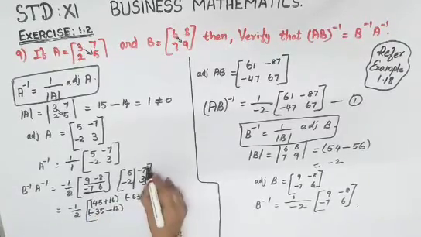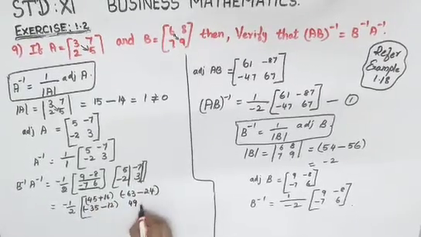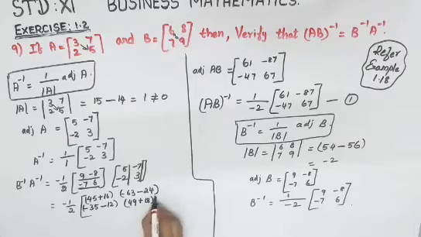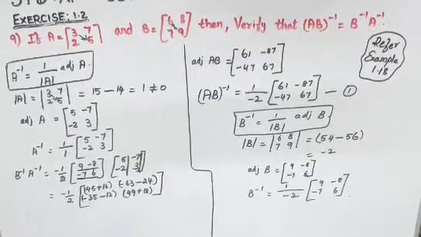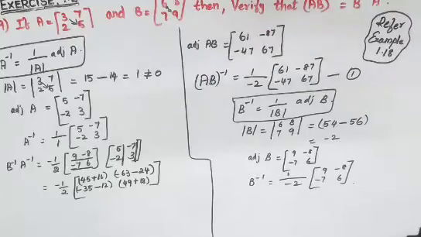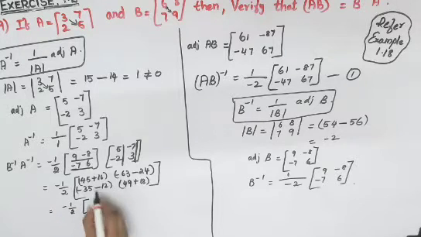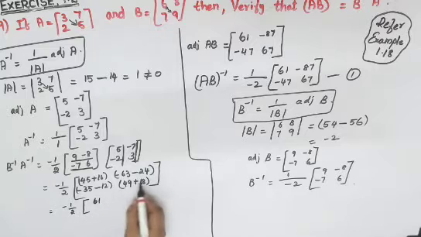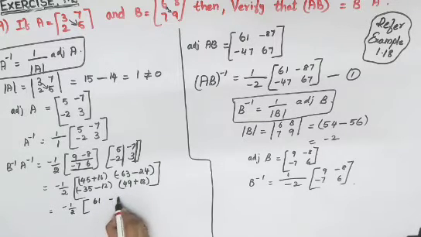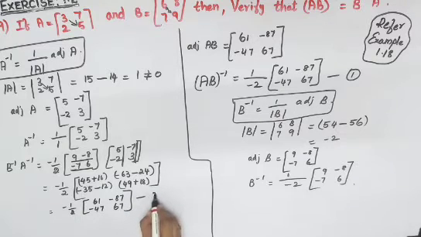Then second row, second column: minus 7 times minus 7 is 49 plus 18, 6 3s are 18. So that is equal to minus 1 by 2 of: 45 plus 16 is 61, minus 63 minus 24 is minus 87, minus 35 minus 12 is minus 47, 49 plus 18 is 67. So this I'll just declare as 2.